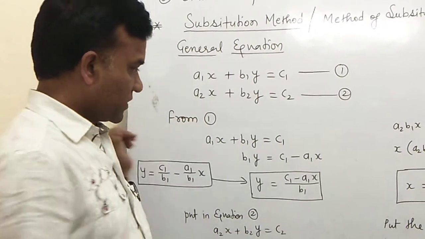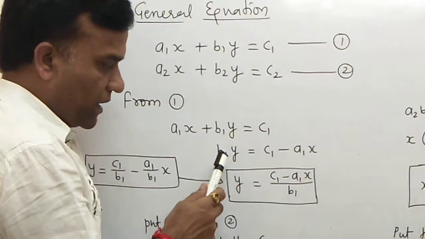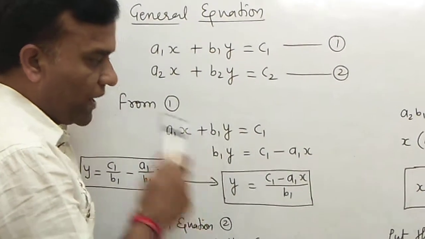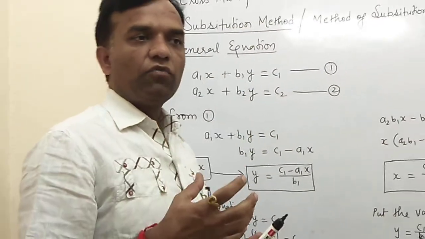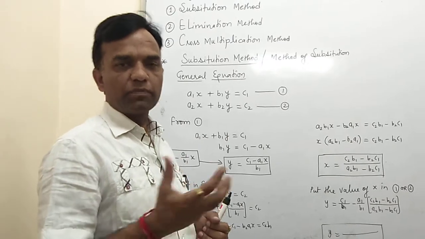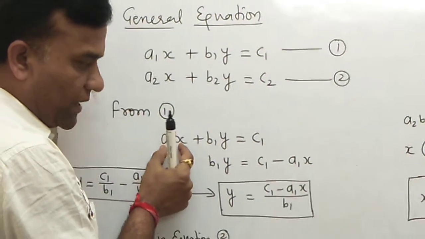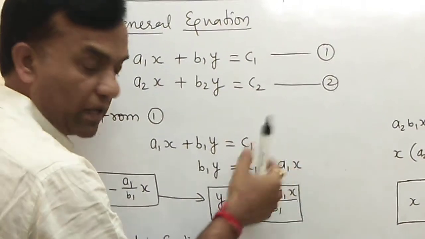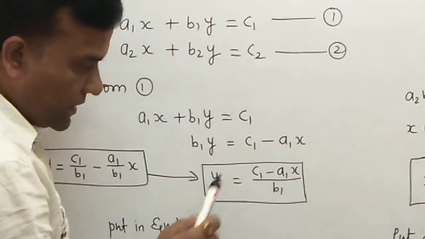So now we take the first equation, a1x plus b1y equal to c1, and find the value of y. Substitution means you take the first equation and find the value of one variable, maybe x, maybe y. Here we take out the value of y. So the term with x we transfer to the right hand side, and then b1y equal to c1 minus a1x.